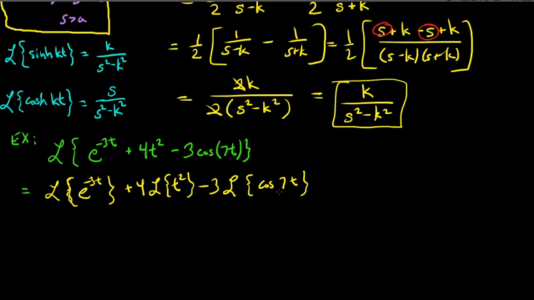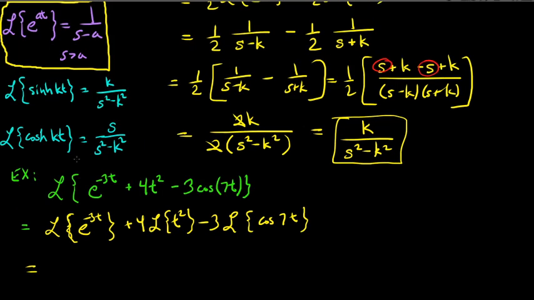Okay. Well, yeah, so here, this is e to the at, where a is negative 3. So this tells me this is 1 over s minus negative 3, or 1 over s plus 3. Excuse me. So plus 4 times the Laplace transform of t squared.